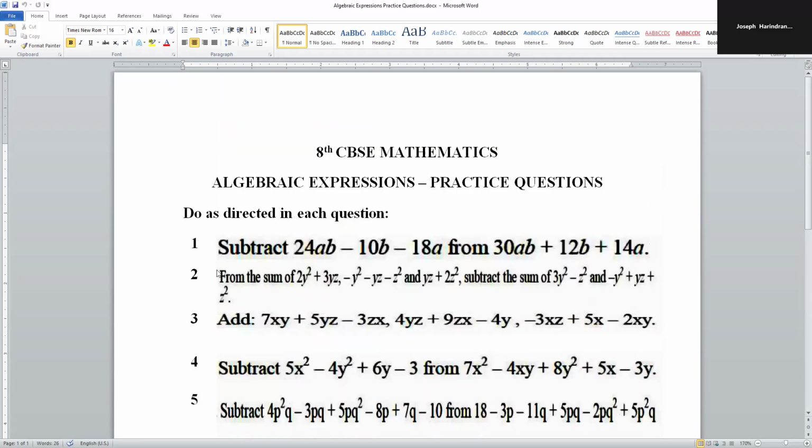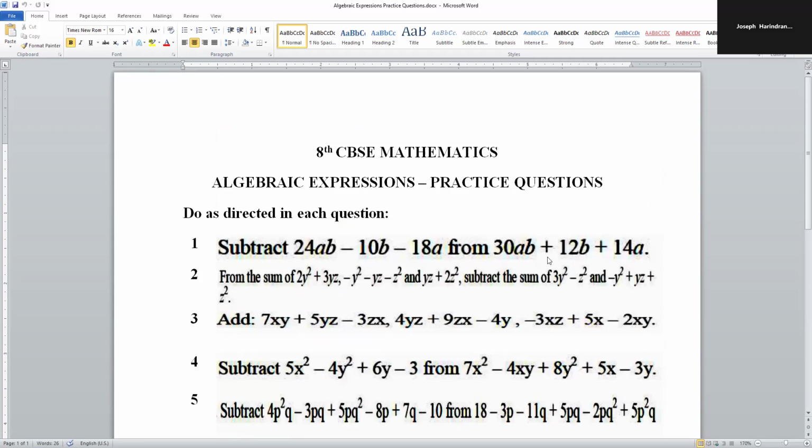You have to do this subtraction. Let us take the first question. Subtract 24AB minus 10B minus 18A from 30AB plus 12B plus 14A. We use either the vertical column method or the horizontal method.